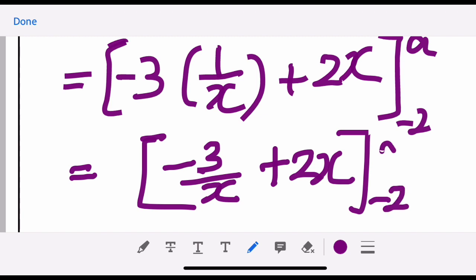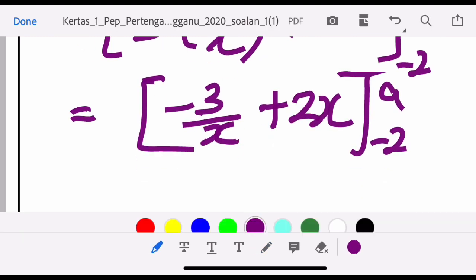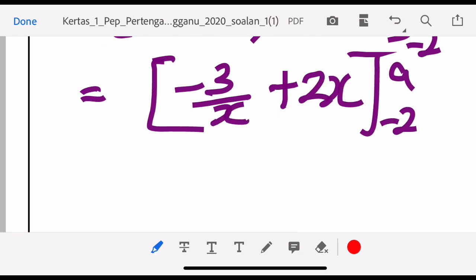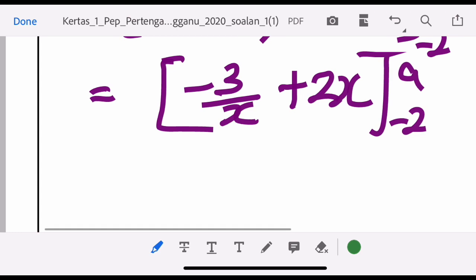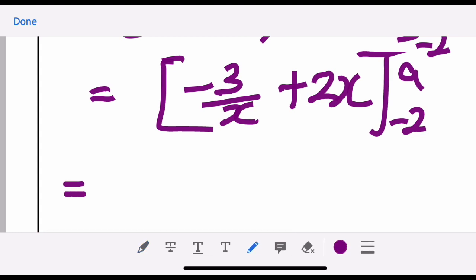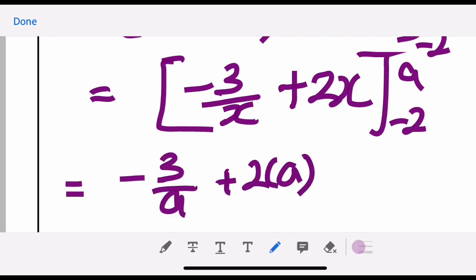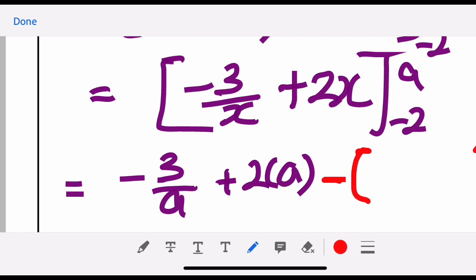Alright, so when you substitute, you have to substitute carefully. The problem is normally it happens like this: negative 3, you substitute the upper first, upper limit, plus 2 times a. The problem here, many students cannot get the answer, is here you must put a bracket, because you are minusing the 2 term. Wow, you got negative, you must be very, very careful.